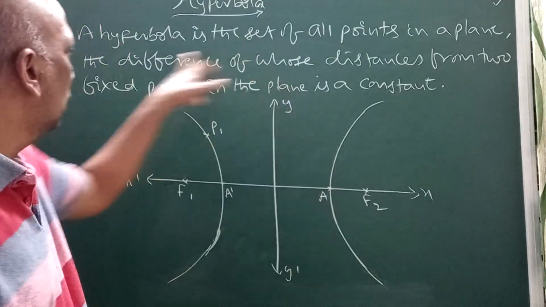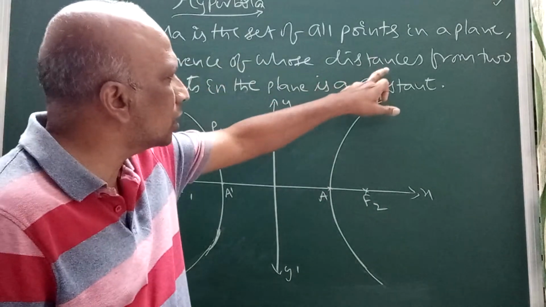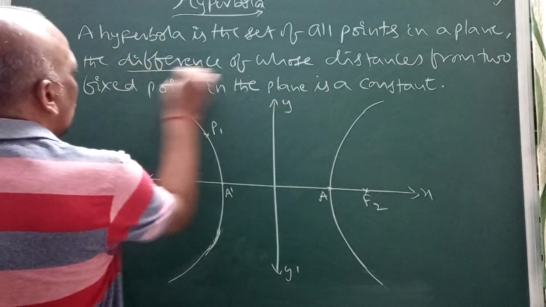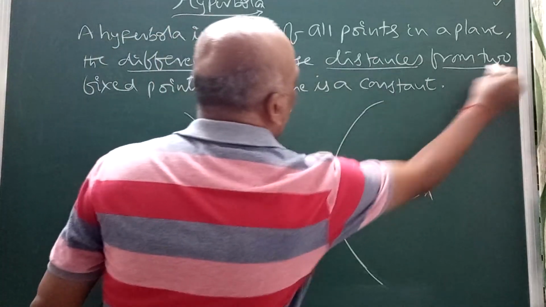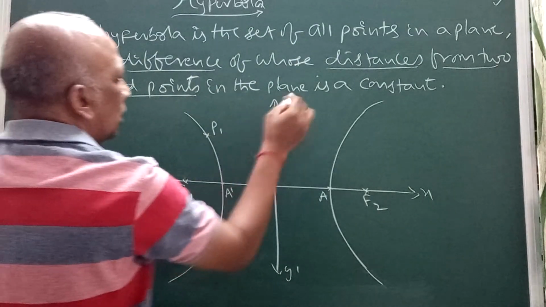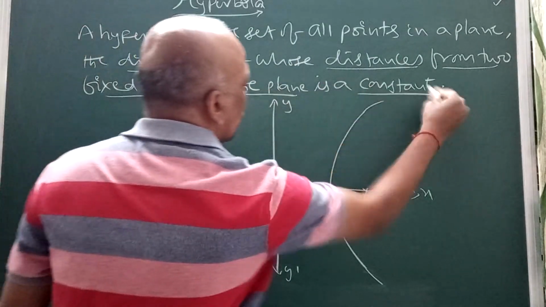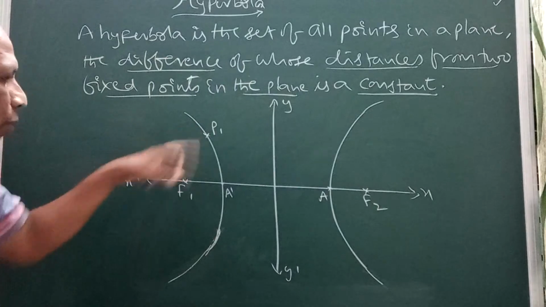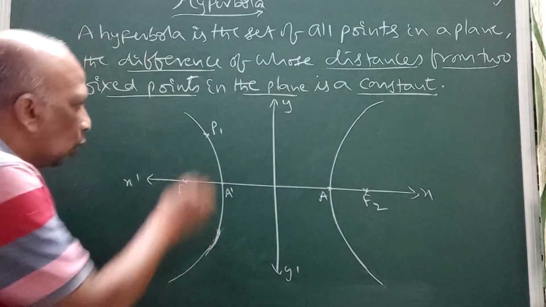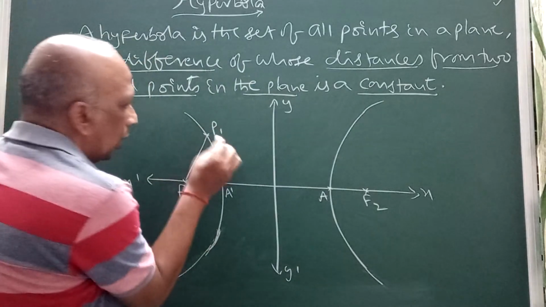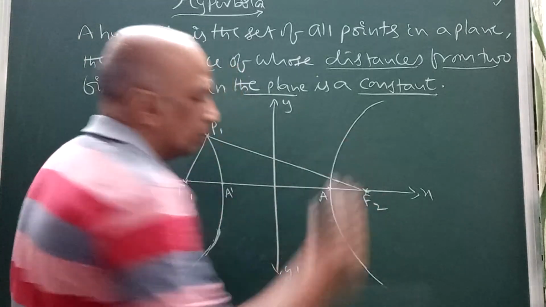What they are saying here is the difference of whose distances from two fixed points in the plane is a constant. Suppose you take one point P1, you join it to F2 and F1.